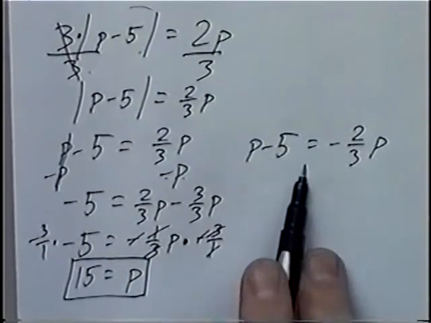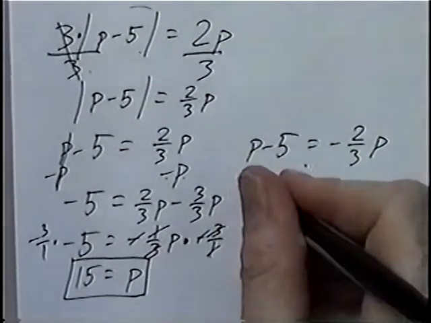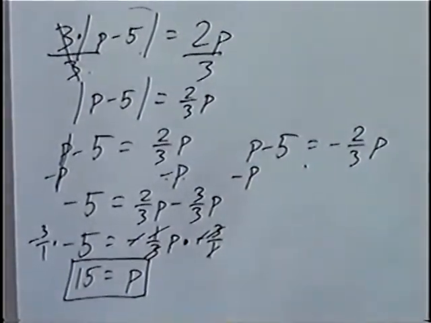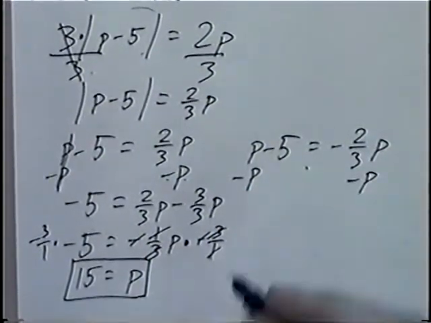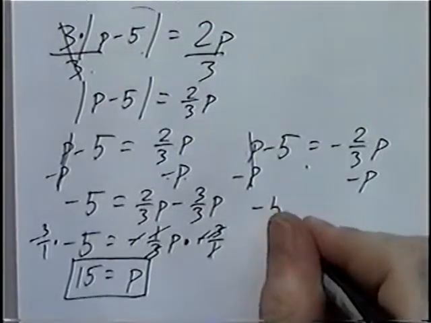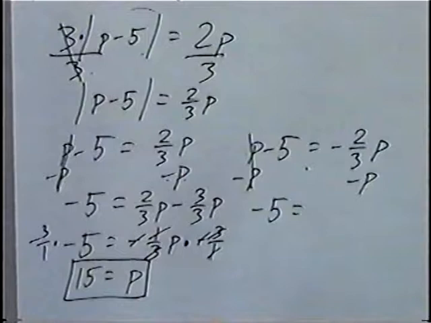The second equation that we had written earlier, equal to negative 2/3 p. Same steps, we can subtract p on both sides. Negative 5 again stays the same. And again, we'll need common denominators to subtract fractions.